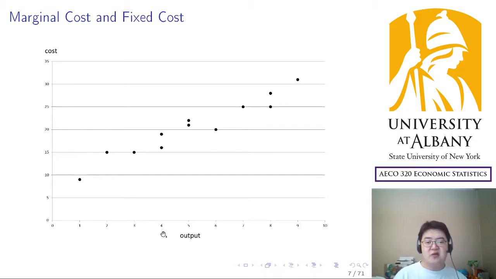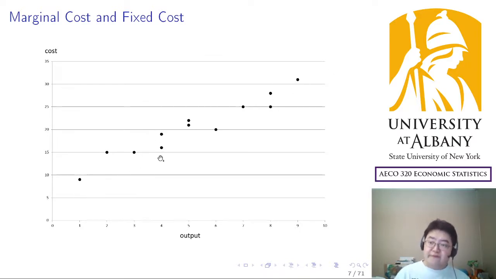And interestingly, there are 2 observations that produced equally 4 units in 2 months, but their costs were different. Similarly, there are 2 months I produced 5 units, but their costs are different. And somehow cost decreases when I produce more, then increases in this way.